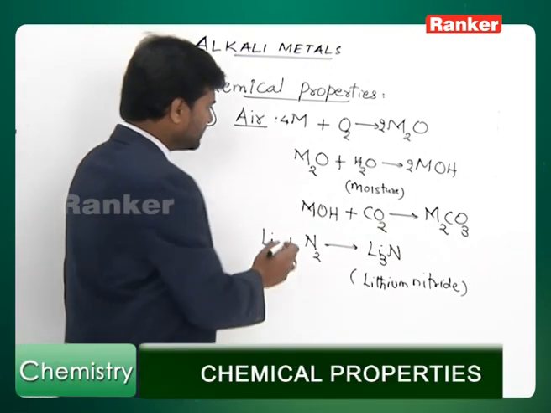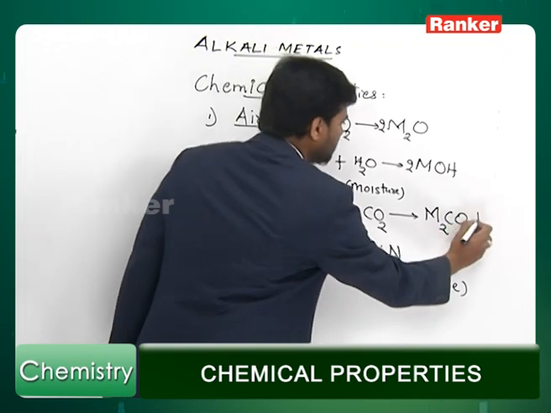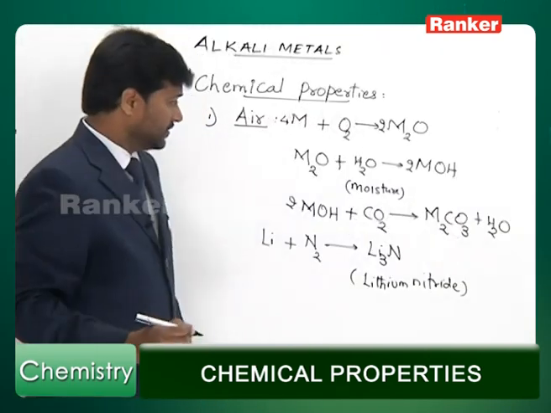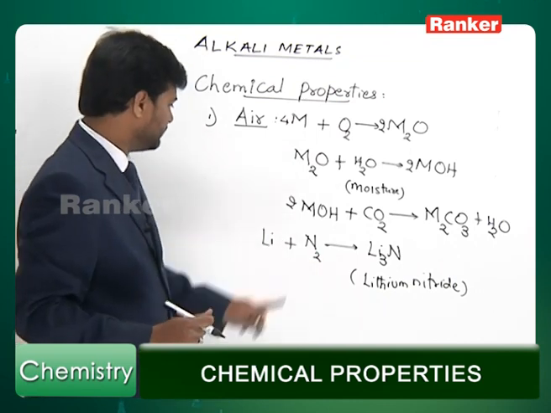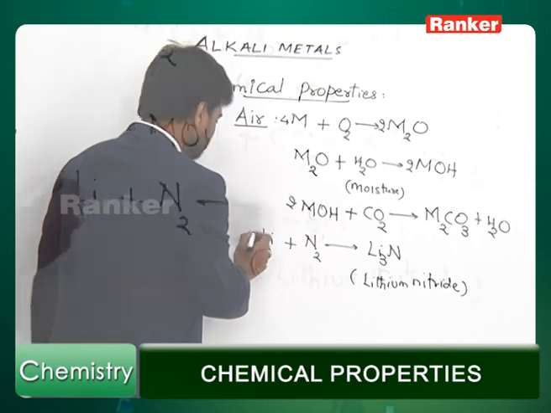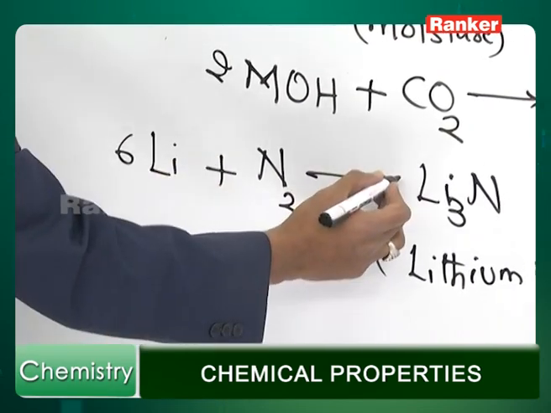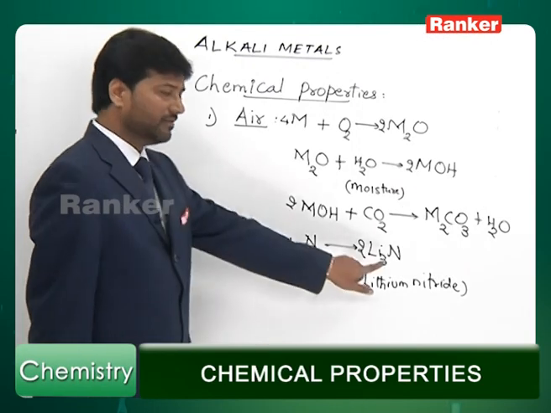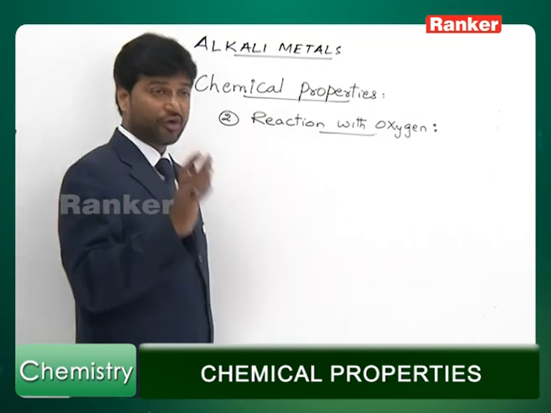You can as well balance this reaction. 2 MOH plus CO2 gives M2CO3 plus H2O. This is how the reactions take place. Li plus N2, this also you can balance, make it 6, then this becomes 2 Li3N, lithium nitride.